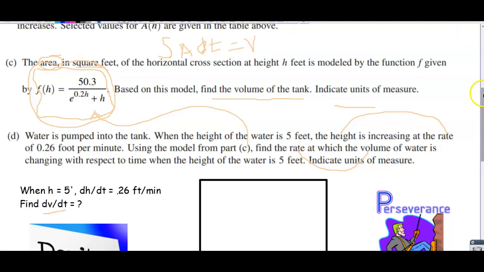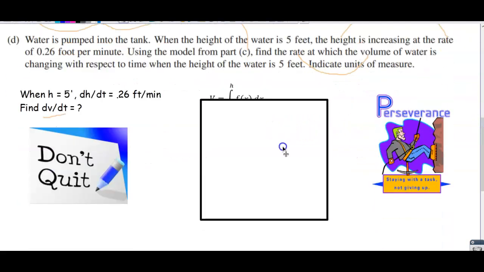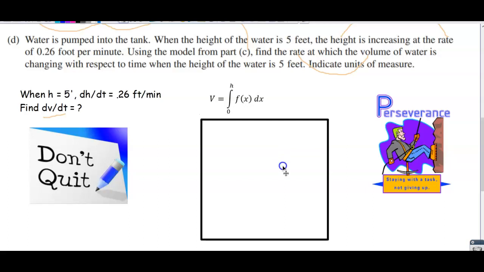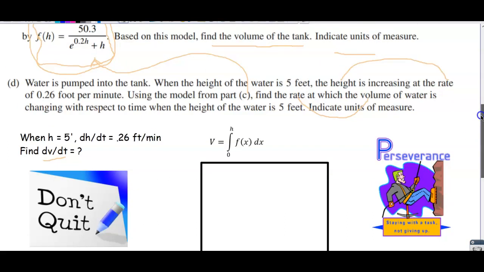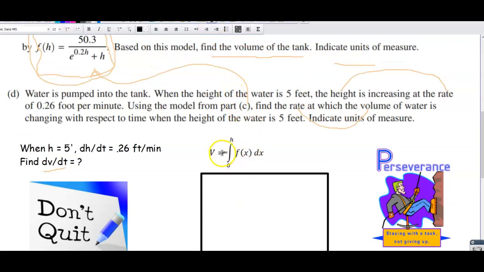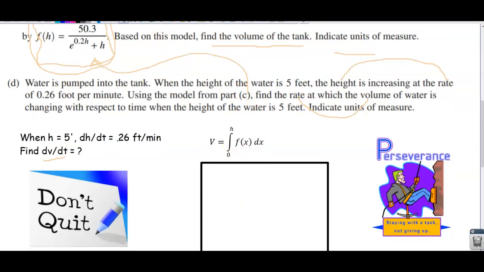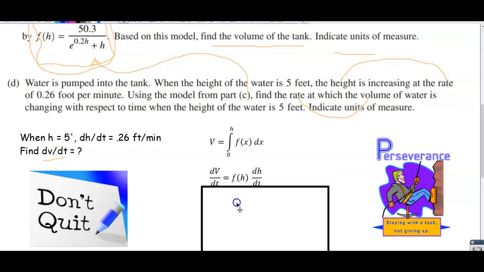So let me unpack what I just said. In this problem, to find volume, we would integrate the function in letter C. We would integrate f from 0 to h, and that would give us the volume. When we take the derivative by the fundamental theorem of calculus part 2, that would give us, on the left-hand side, the derivative of V, dV dt.